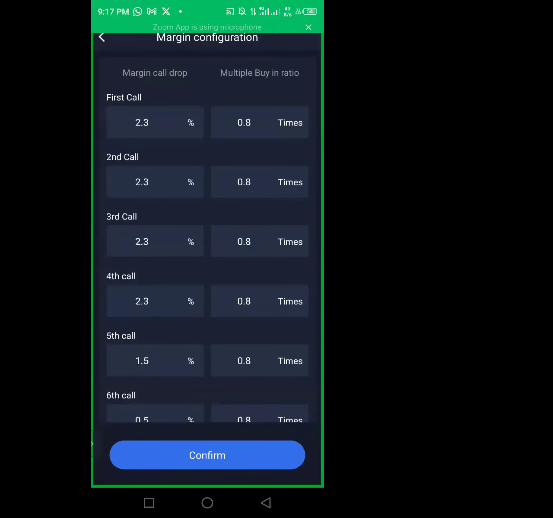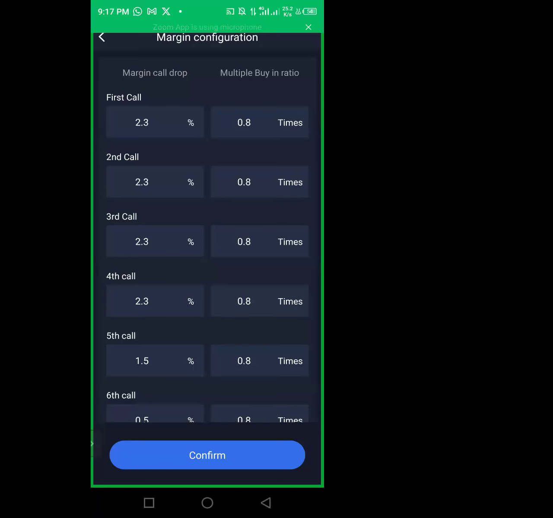My first buy, second buy, third buy, fourth buy is on 2.3 because we are in the bull season. A coin can easily go to 20% and fall back by 18%. So I don't want the robot to involve much of my capital in the trade when there is a massive pump.